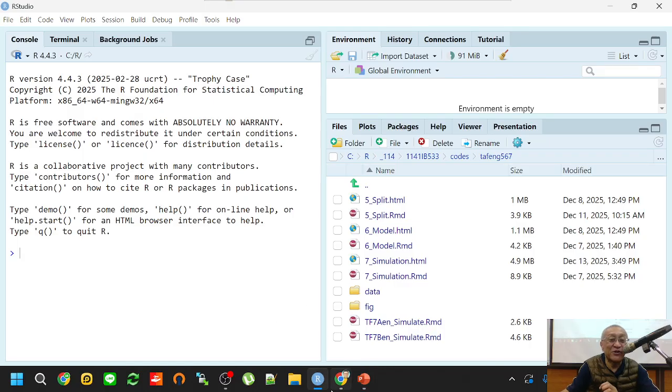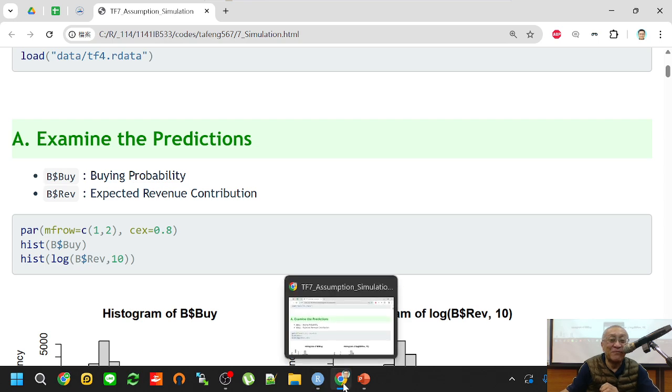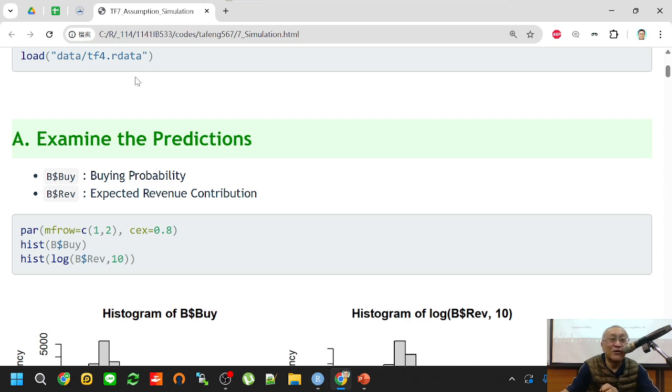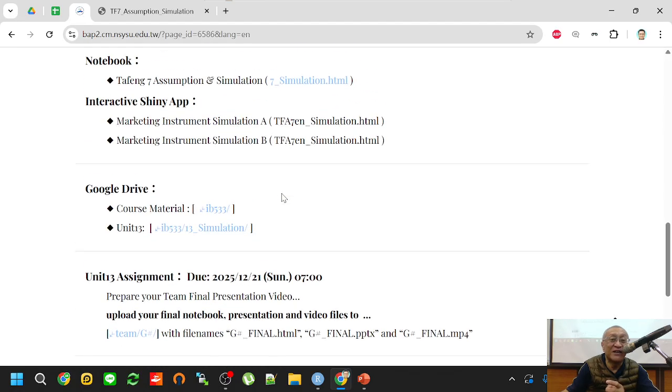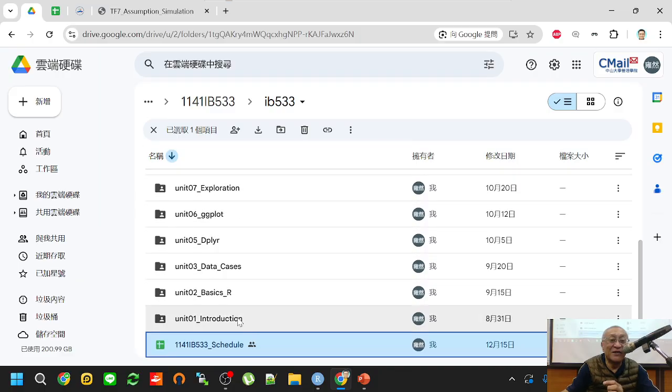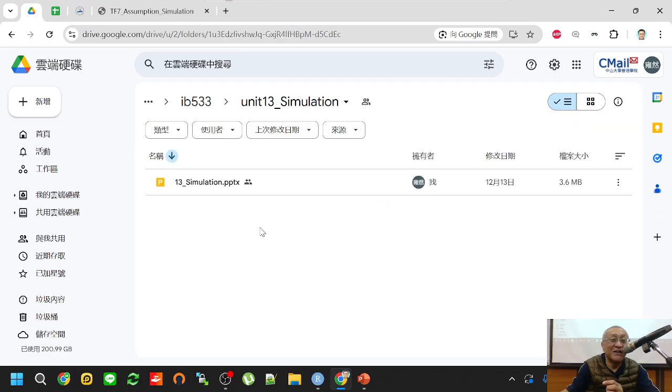Now let's take a look at today's material first, okay? If you go to the unit page, you will see that in today's folder, we only have a PowerPoint file, okay?